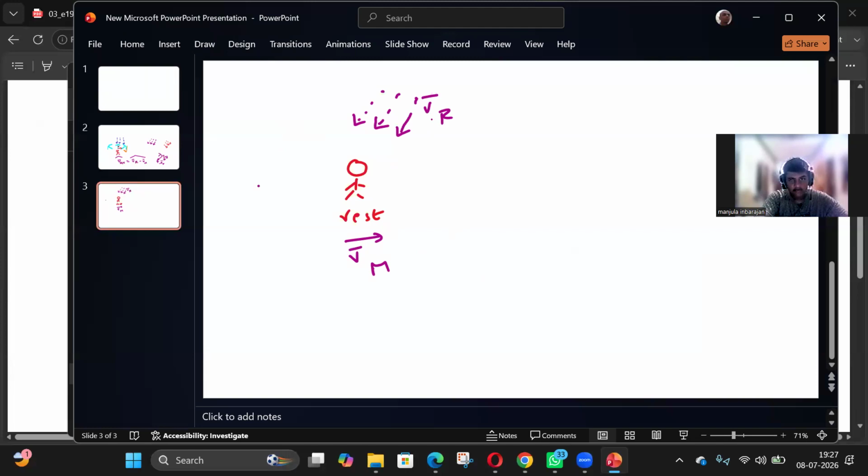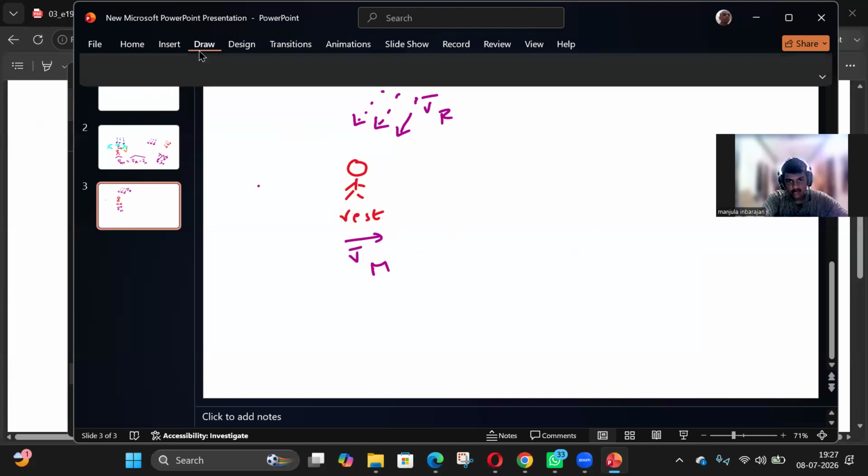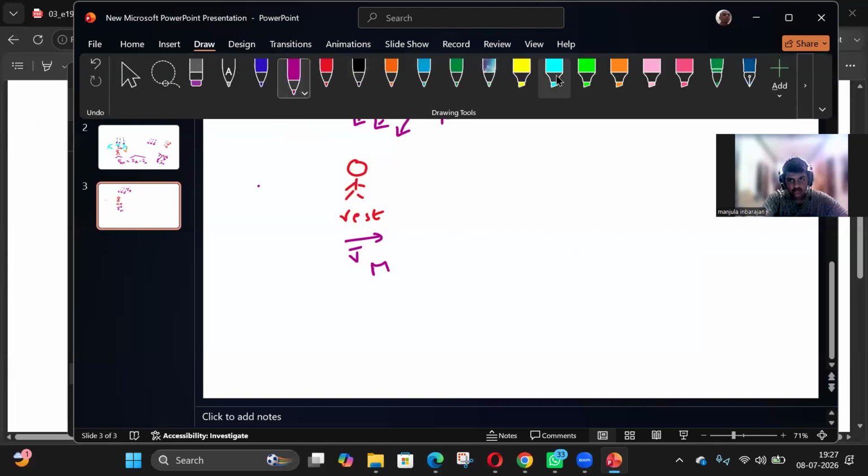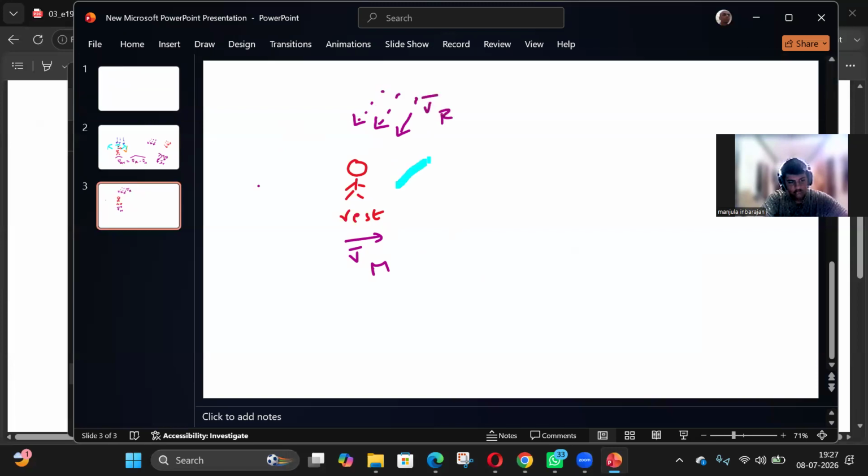Facing towards the vector, so it is either this one or this one, tilted backwards. Okay, so which one is it, tilted towards right or towards left?